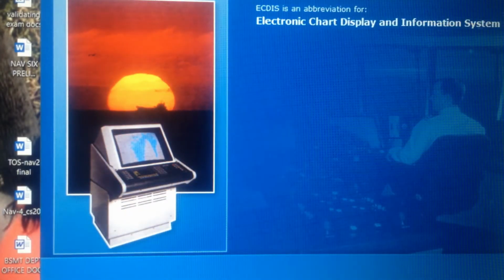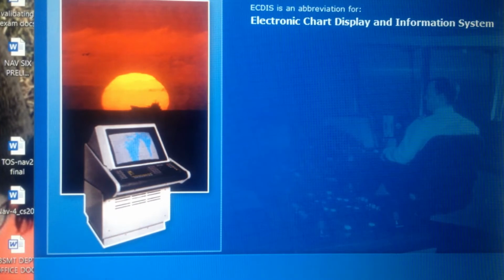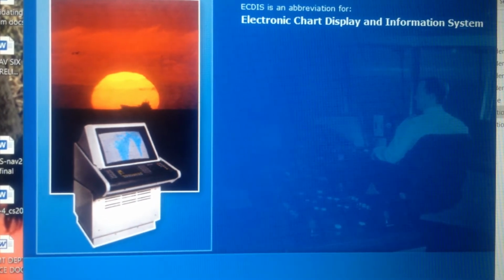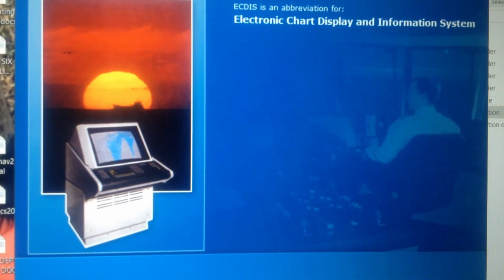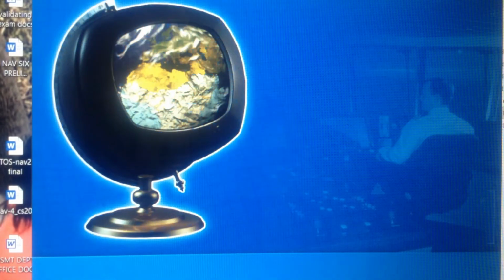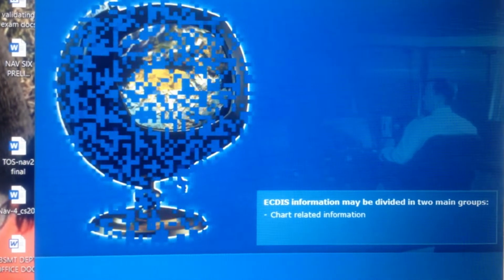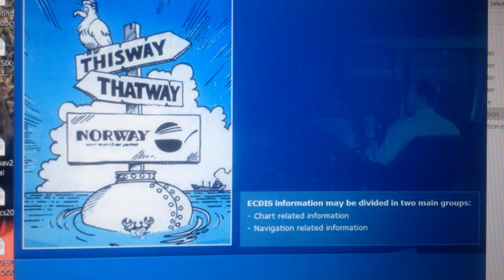ECDIS is an abbreviation for Electronic Chart Display and Information System. That is, a computerized system with the ability to display all information provided on a paper chart, together with information provided from many other sources, such as GPS, ARPA, radar, etc. ECDIS information may be divided into two main groups: chart-related information, and navigation-related information.